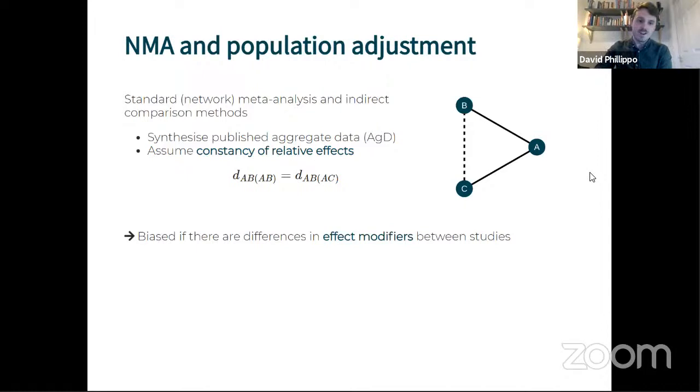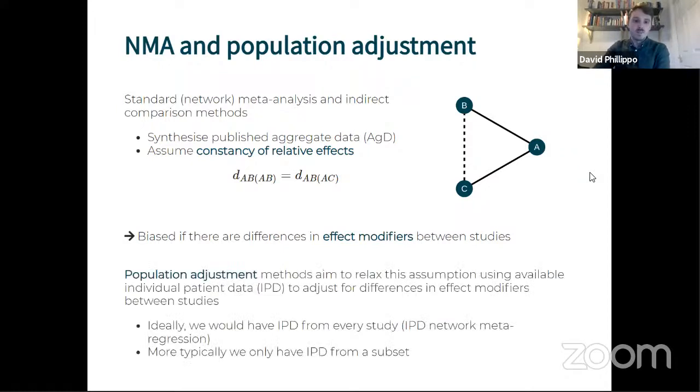And this assumption breaks down and we incur bias if there are differences in effect modifiers between studies. Those are variables that interact with treatment effects. Population adjustment methods aim to relax this assumption using available individual patient data, or IPD, to adjust for differences in effect modifiers between studies. Now, ideally, we'd have IPD from every study in the network, in which case the gold standard approach is an IPD network meta-regression.